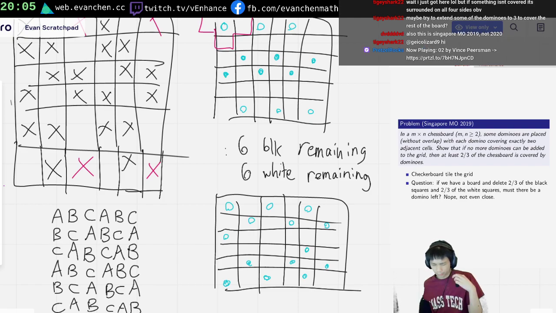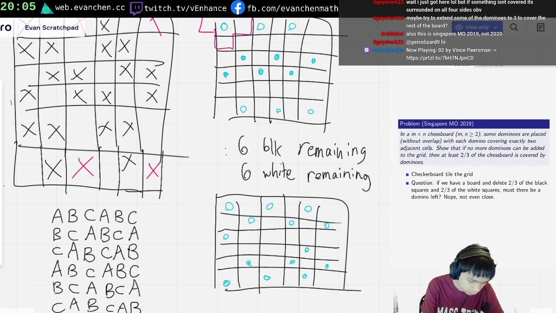Okay, so yeah, I think we have to actually do the... I don't know. So, yeah, look at every uncovered square, right? And if you look at every uncovered square, its neighbors are all taken. So there's a natural map that for every uncovered square, you naturally get 4 dominoes.